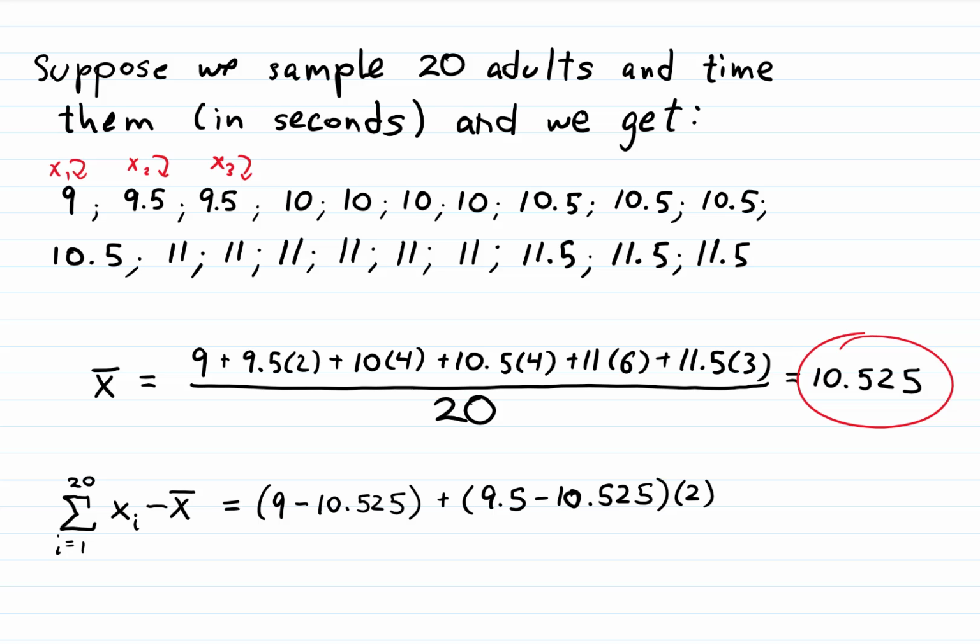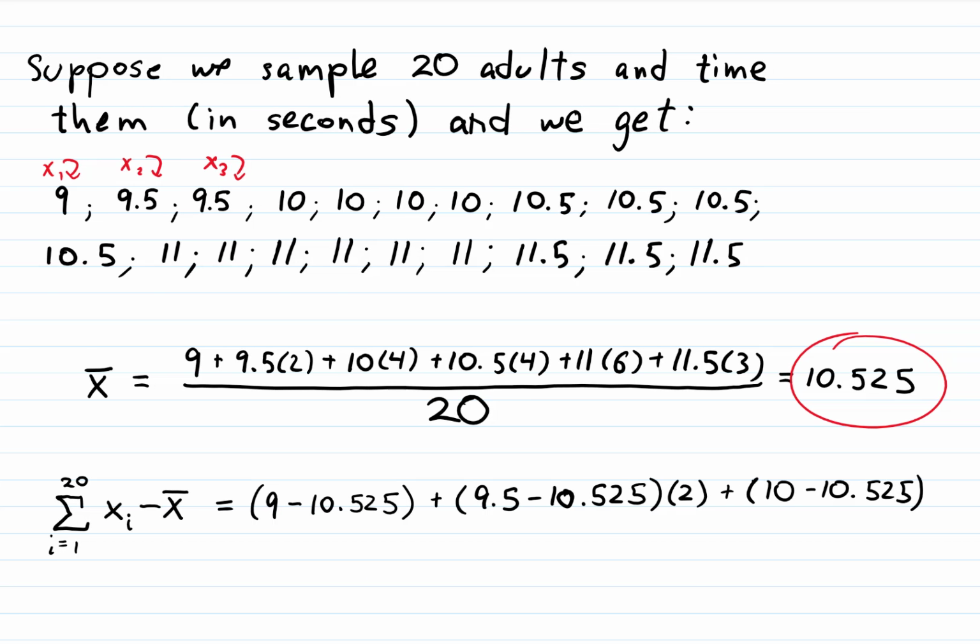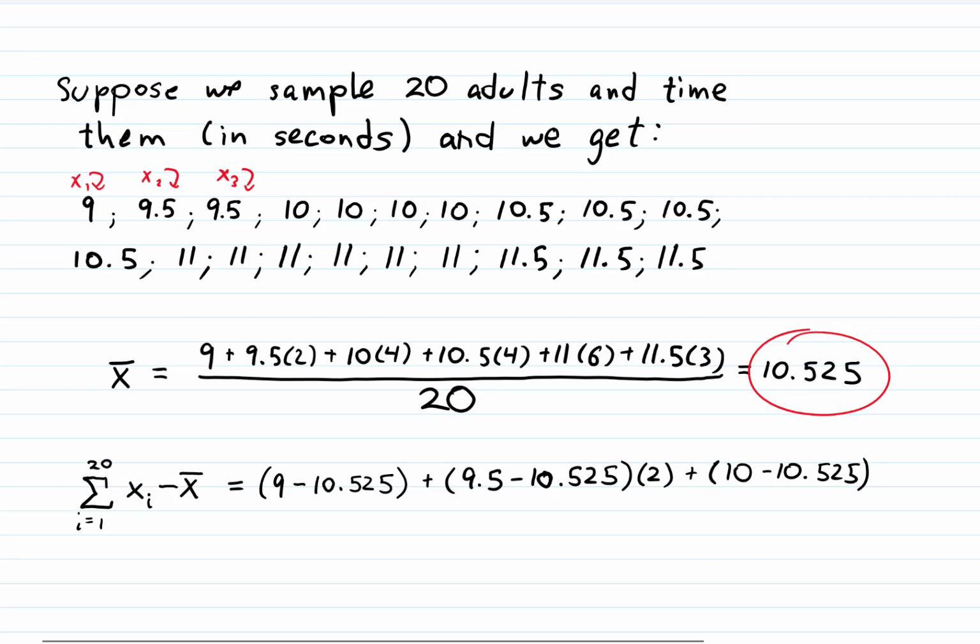Okay, and then plus 10 minus 10.525. And there's actually 4 of those, so rather than writing it 4 times, let's just write times 4. Okay, plus, and then we have 10.5 minus 10.525, and how many of those are there? There's 4 of those.